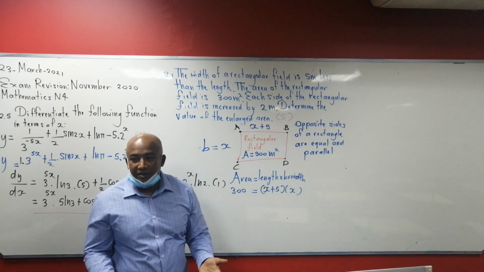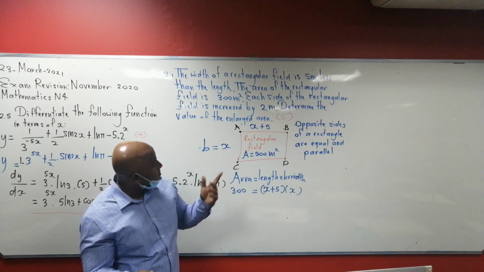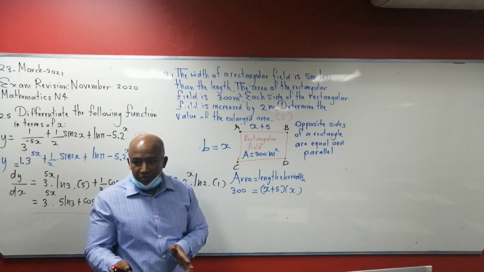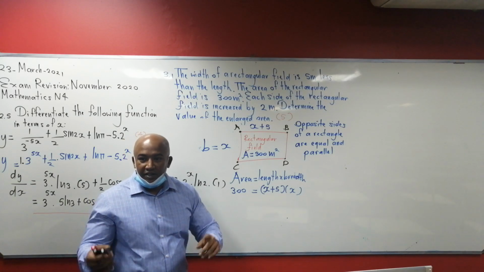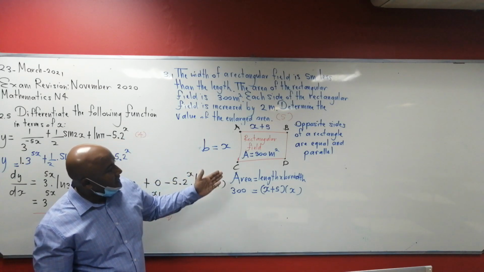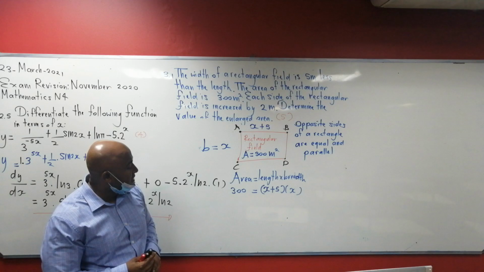Then the second part of the question is, what happens when each side increases by 2? So 10 increased by 2 will be 12. 15 increased by 2 is 17, and then you can work out the new area. The main thing is to work out the current dimensions, which are the length and the breadth.